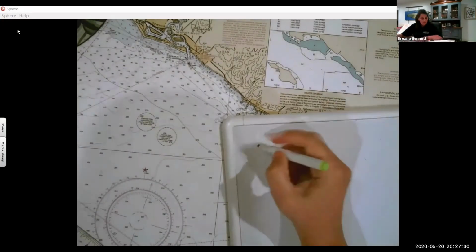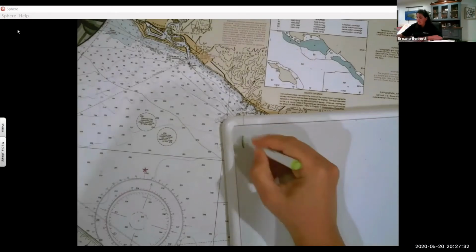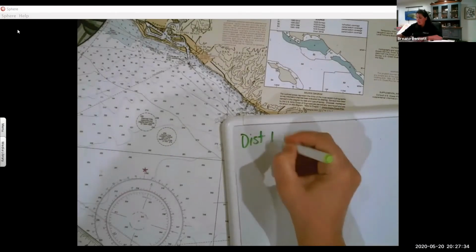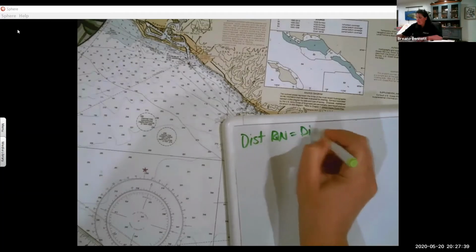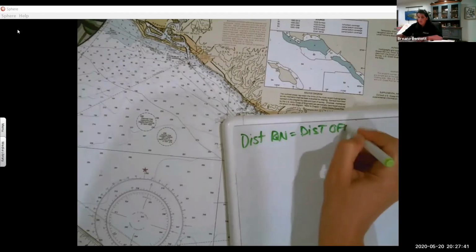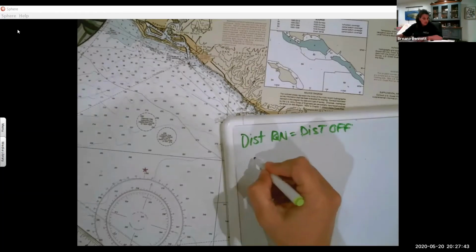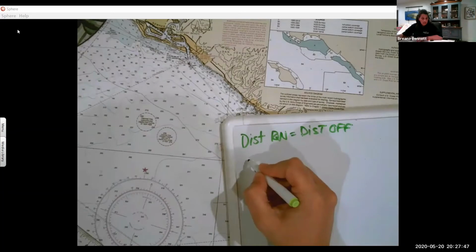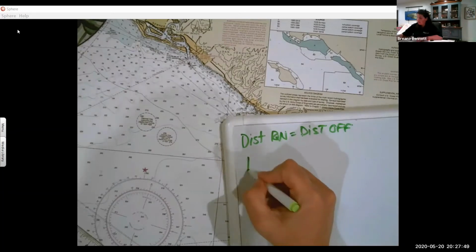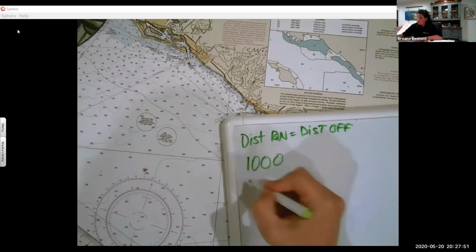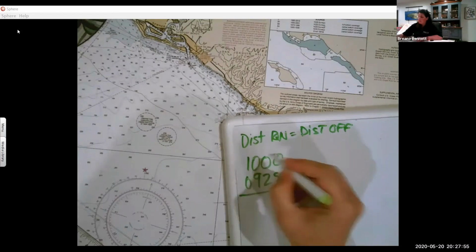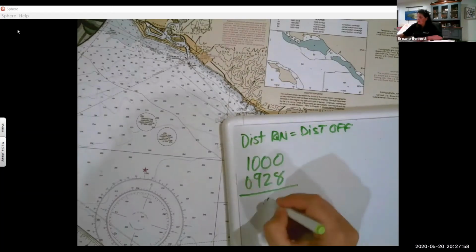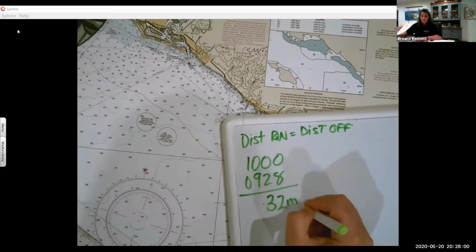We have to find out the distance. Distance run is equal to distance off. So our distance run between 928 and 10, we have 10 and 928, gives us 32 minutes.